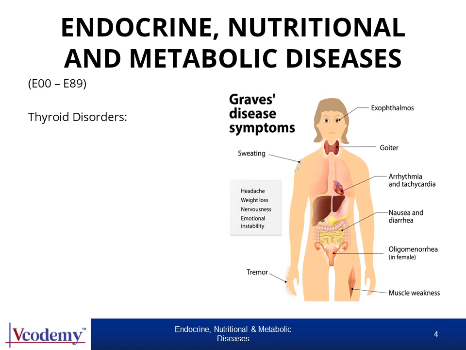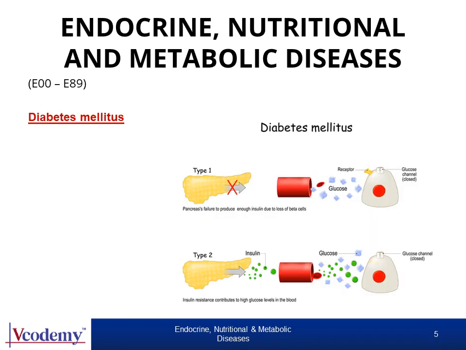And E08 to E13 deals with diabetes mellitus. In ICD-10 CM, combination codes are often used for this category. When diabetes is related to an underlying condition, the coder should use the sequencing instructions provided in the tabular list.